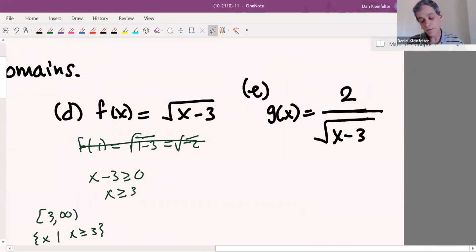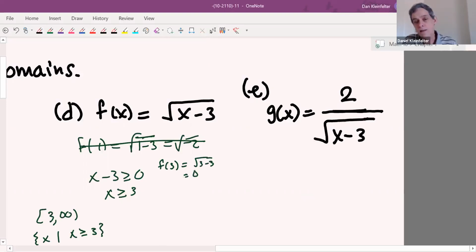This one is a little bit different from E. In E, you'll see that we still have that same square root of x minus 3, but a big difference is that that radical is in the denominator. In F, is it okay to find f of 3? Can you find the square root of 0? Is that defined?